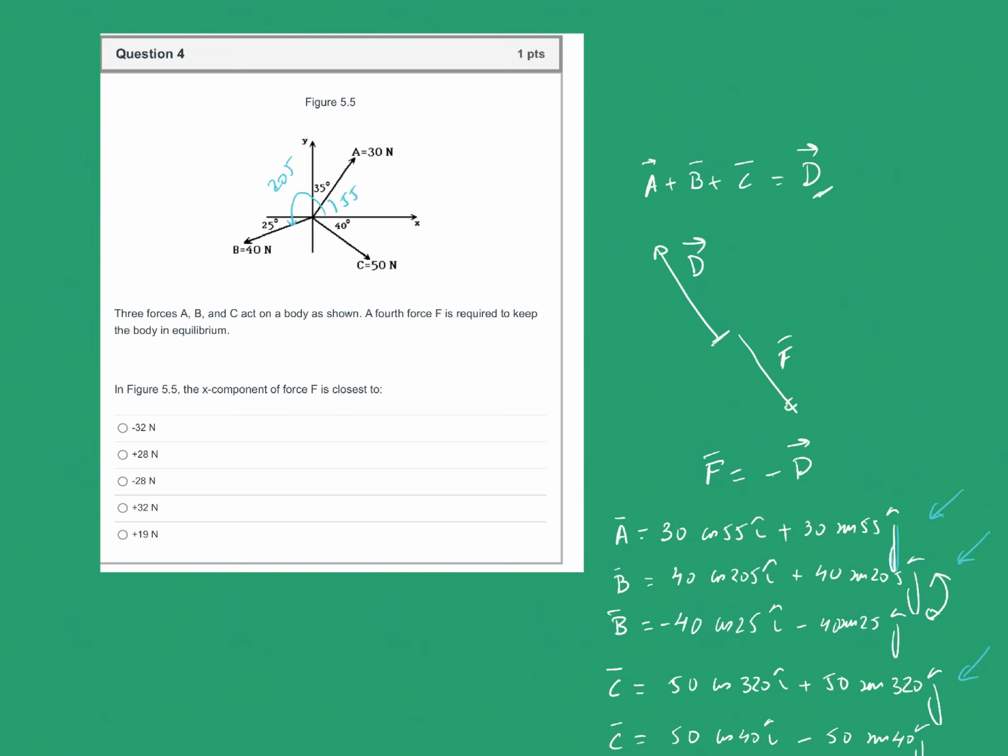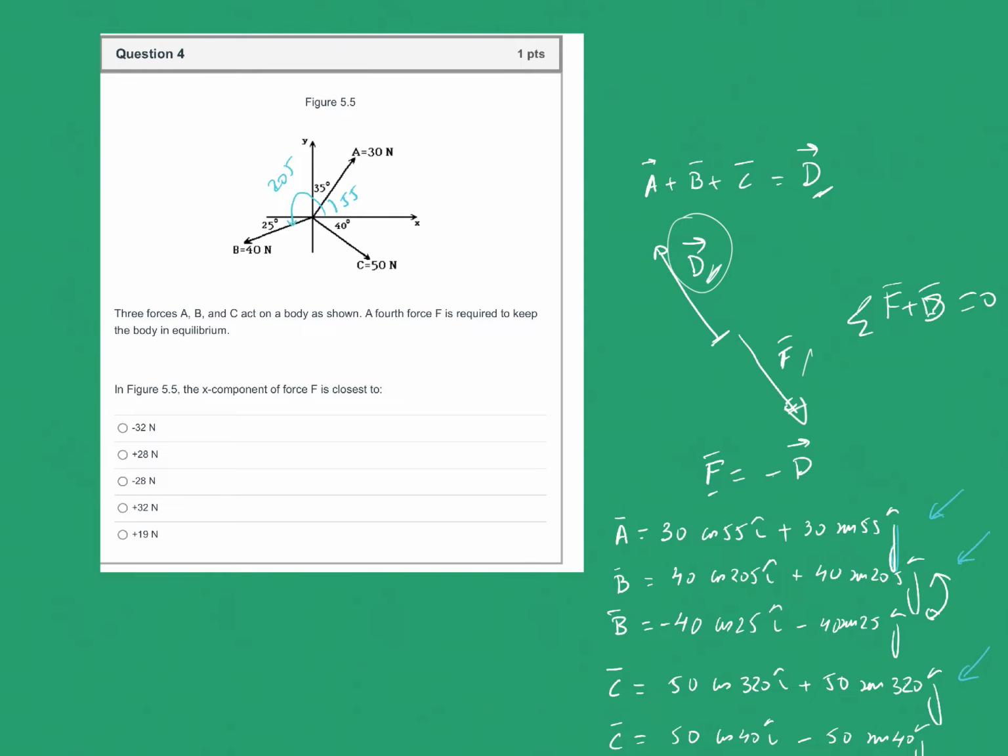If I add F in the opposite direction with the same magnitude, the total force, F plus D, will be 0. So by finding D, I will find F. He asked me to find the force F that you have to add to D to produce zero force or zero acceleration.